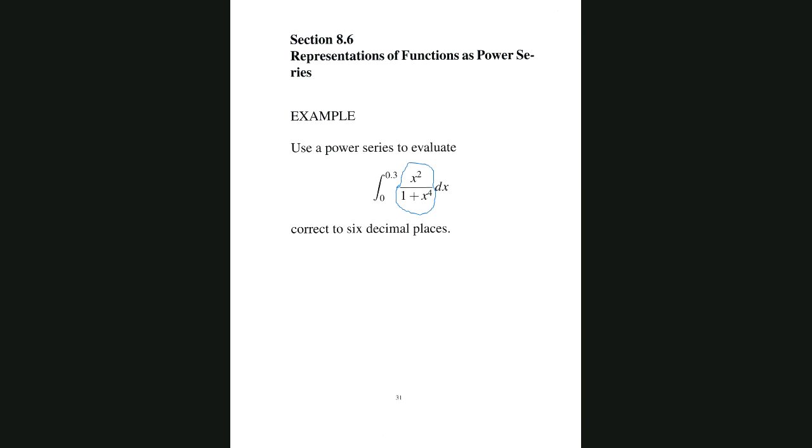Okay, so let's go ahead and get to the solution here. We start off, this is very straightforward. x squared over 1 plus x to the 4th. I'm going to rewrite it using my Apple formula.